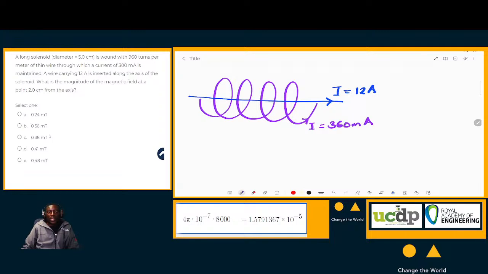So the magnitude of the magnetic field at 0.2 centimeters from the axis.